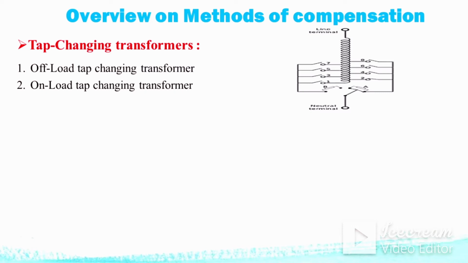Basically, tap changing transformers are of two types: off-load tap changing transformer and on-load tap changing transformer. What the tap changing transformer does is, we have the tap changer. Here you can observe 1 2 3 4 5 6 7 8, these are the tappings at the turns of the transformer winding.